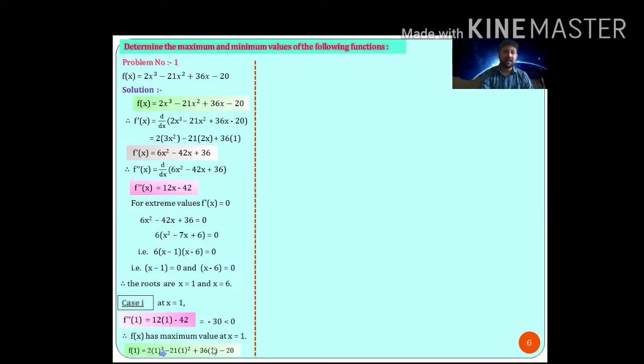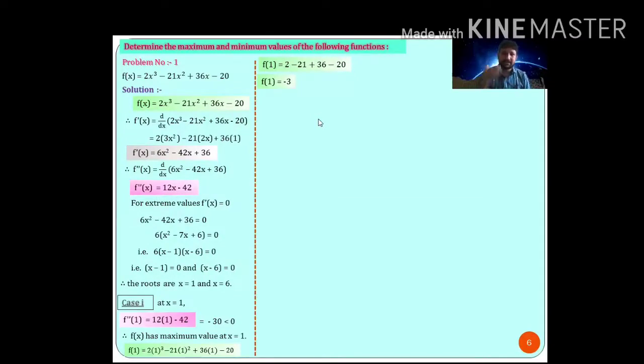So the terms are 2 − 21 + 36 − 20. Check the total: yes, the total is −3. The value of the function at x = 1 is −3. This is the maximum value of the function f(x). Case number one is complete.